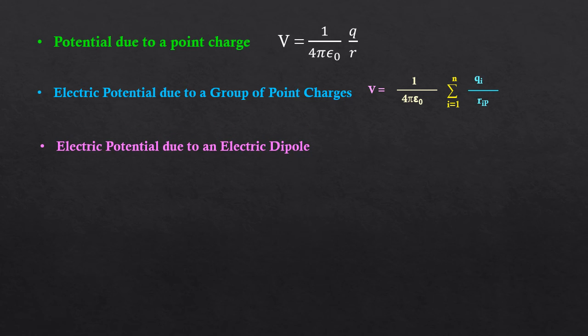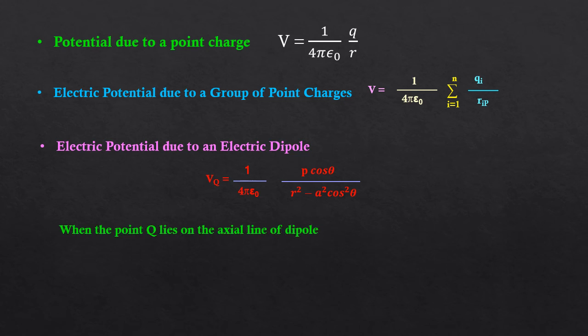In case of an electric dipole, we have the general expression at any point Q which is located at a distance r from the center of the dipole and making an angle theta with the axis. We have the expression VQ for electric potential equal to 1 by 4 pi epsilon naught, P cos theta divided by r square minus a square cos square theta.